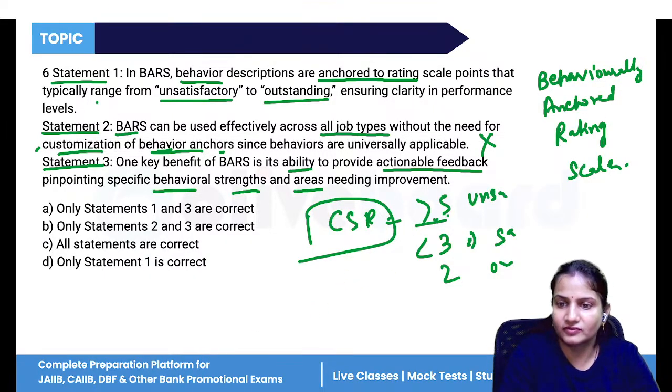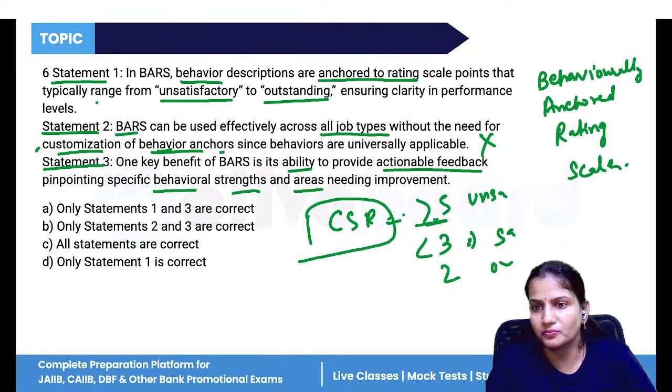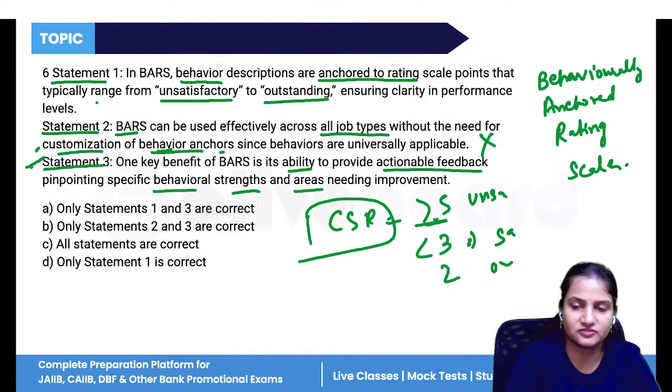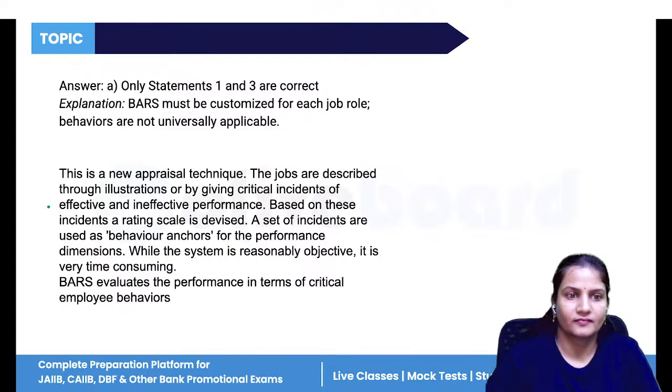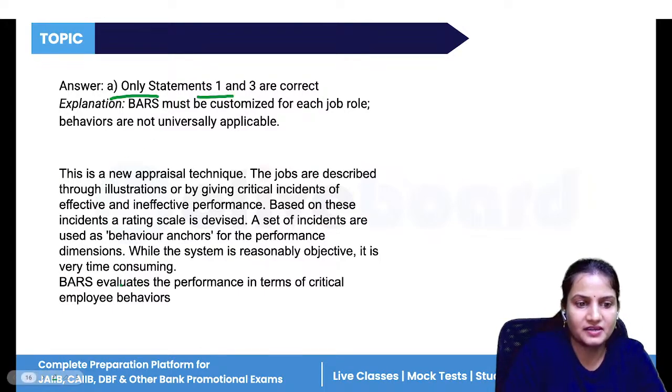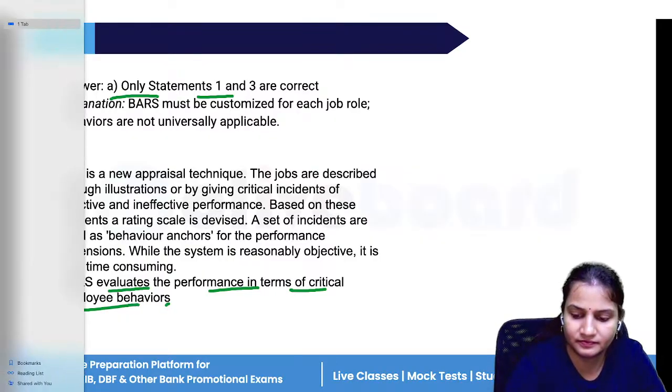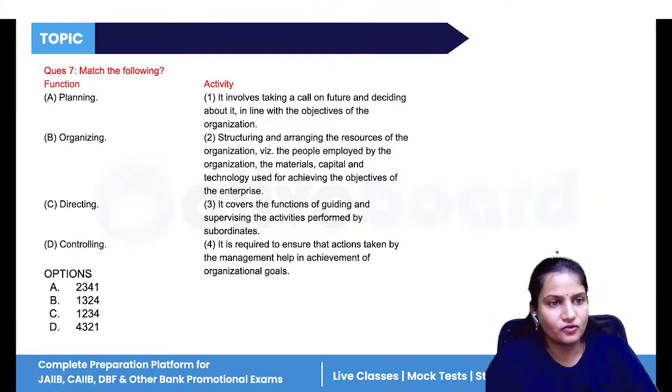This is what you have to improve. So statements 1 and 3 are correct. That is option A. So option A is correct. BARS evaluates performance in terms of critical employee behavior. Now, next, match the following.